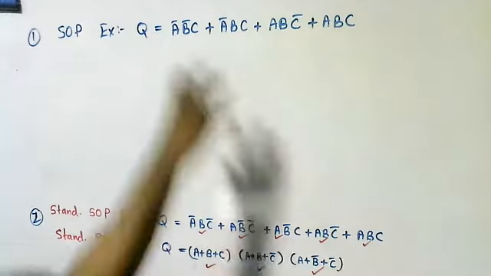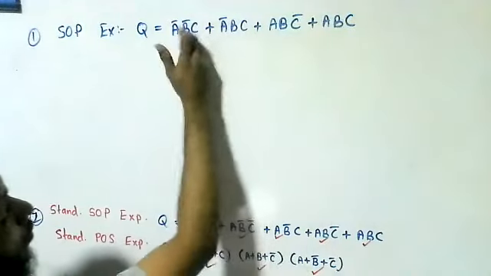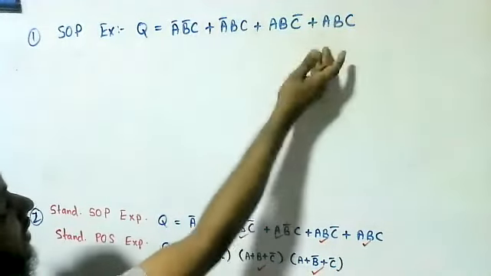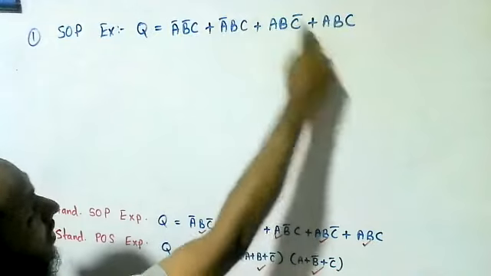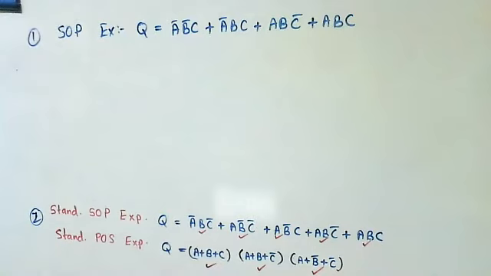If you create the circuit, 4 AND gates are there, 3 OR gates are there, and 4 NOT gates are there. So if you create that circuit, it is actually high cost. To reduce the cost, we have to simplify this using Boolean algebra laws, or we can use Karnaugh maps. After this, we'll learn how to simplify these expressions using Karnaugh maps.